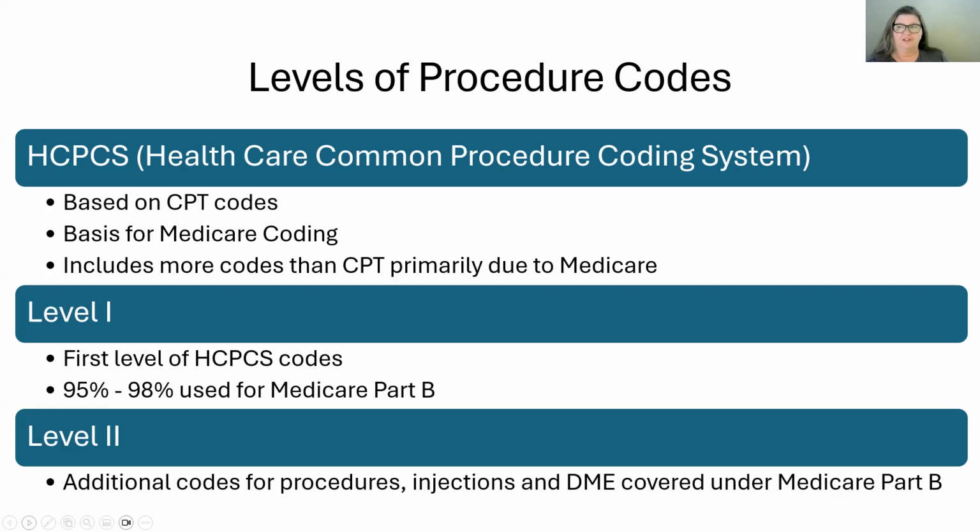So medical office visits, clinic visits, things like that, not the hospital side of it. Level 2 is then additional codes for procedures, injections, DME, which is durable medical equipment, being things like crutches or canes, that are covered also under Medicare Part B.